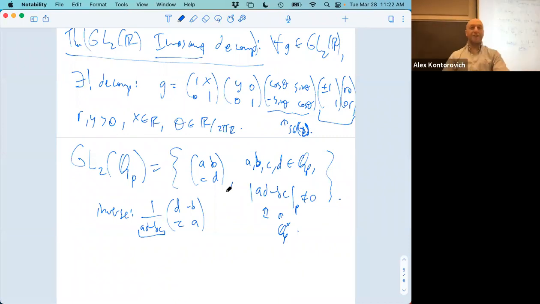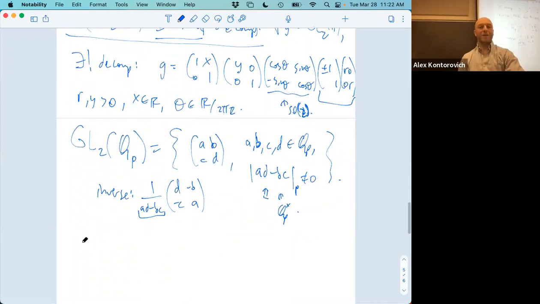Right. So this is a maximal compact group. What do you think is a maximal compact subgroup of GL2(Q_p)? Is it O2(Q_p) of some kind? What's the maximal compact of Q_p itself? I didn't say what the topology is. You can think of this as sitting inside 2 by 2 matrices over Q_p, and the topology is the induced topology.